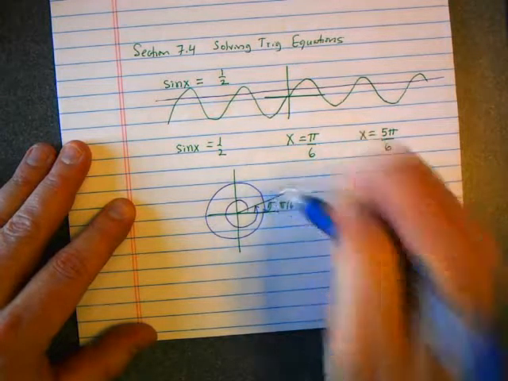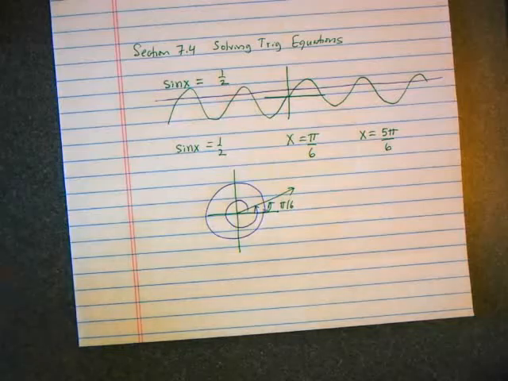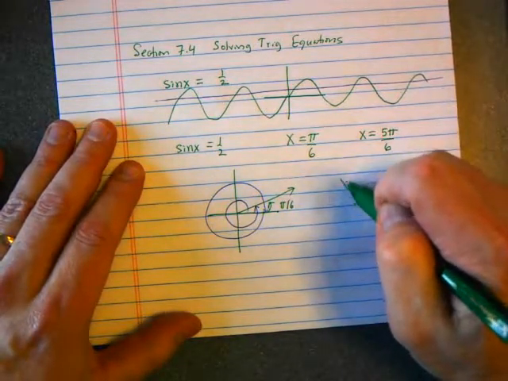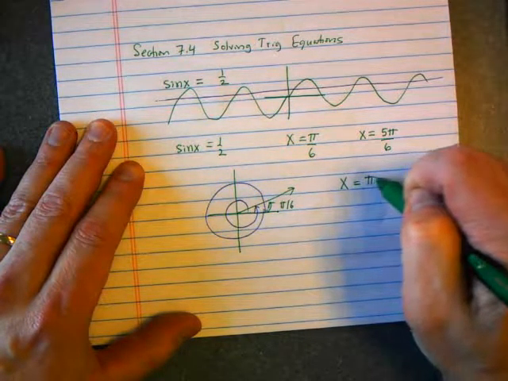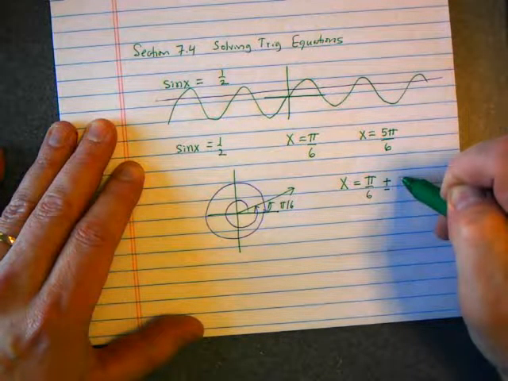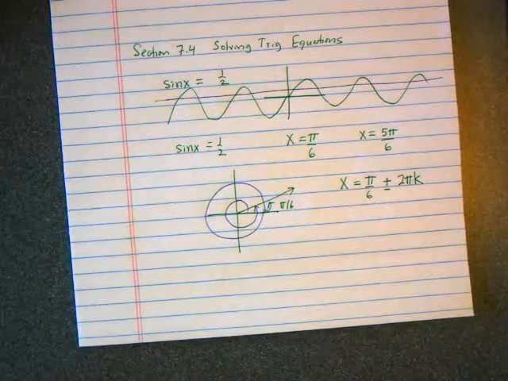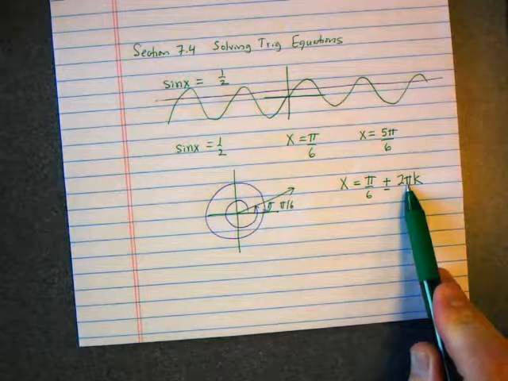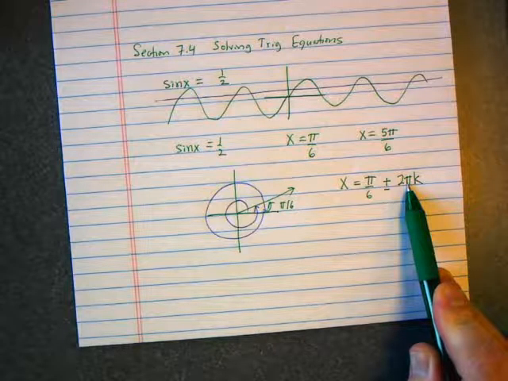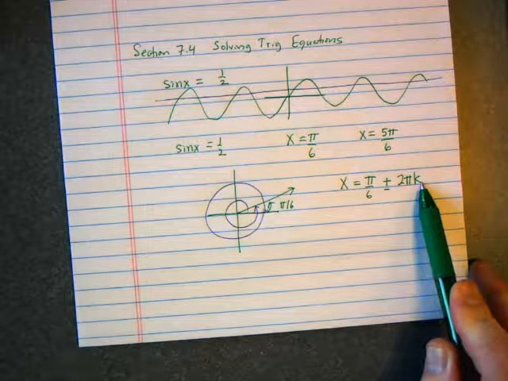The answers are x equals pi over 6 plus or minus 2 pi k. Where what's 2 pi? That's one complete revolution. And then what's k? K could be 1 or 2 or 3 or 4 or however many times you want to go around the circle.